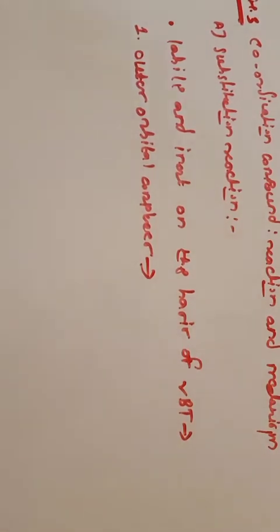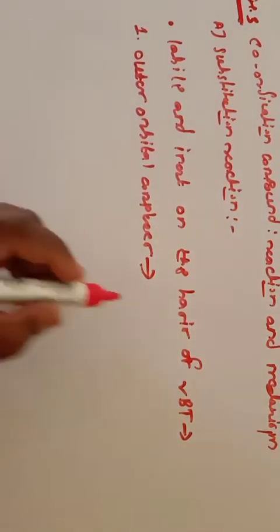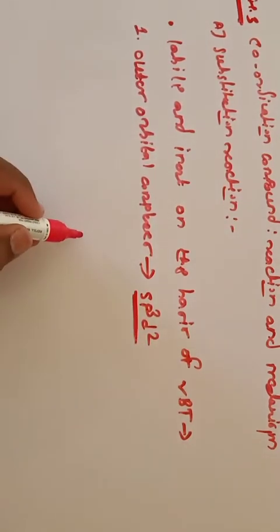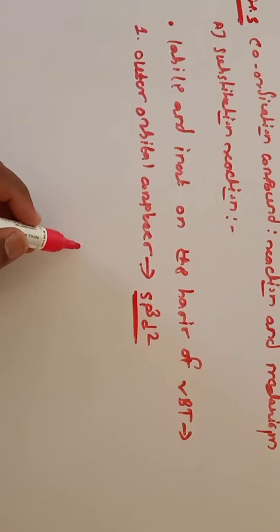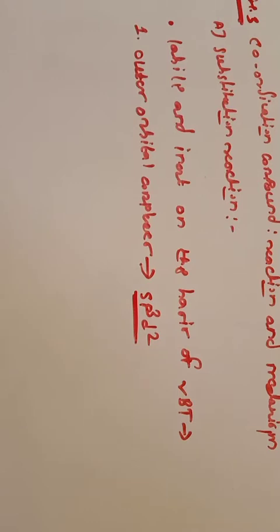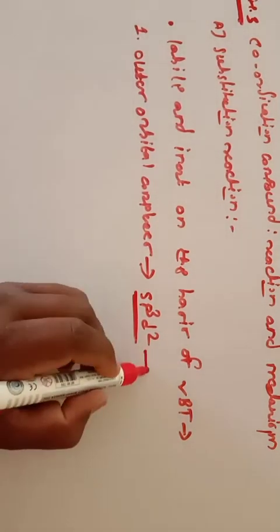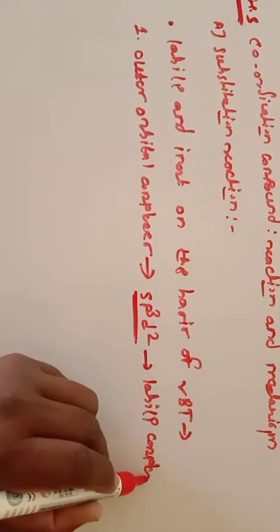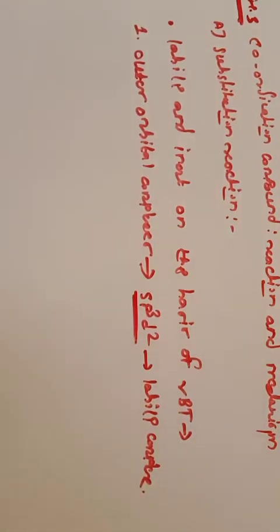For outer orbital complexes, the complexes having sp3d2 hybridization are generally labile. The complexes which are considered outer orbital complexes having sp3d2 hybridization are considered labile in nature according to this valence bond theory.